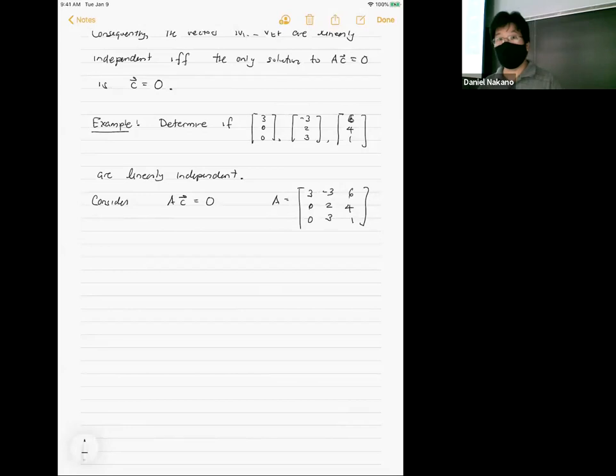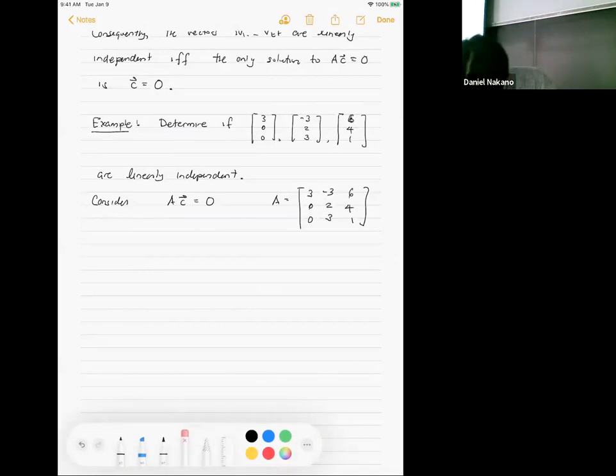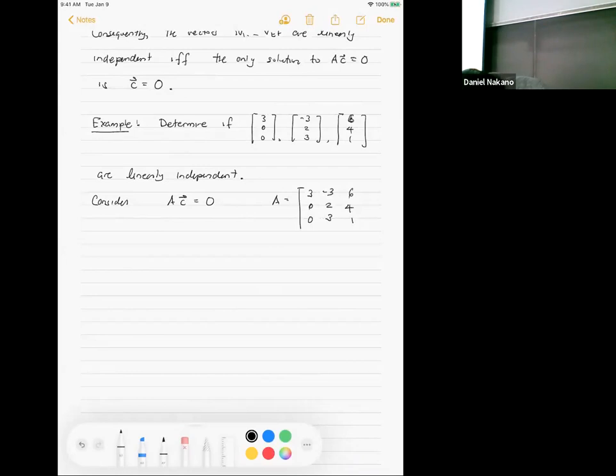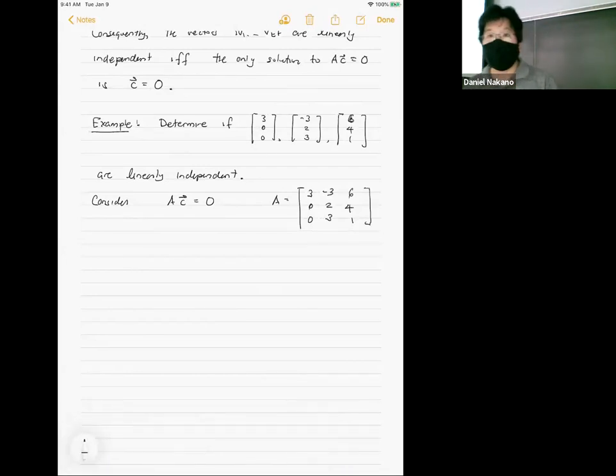So we need to look at this homogeneous system and see if it only has a trivial solution.